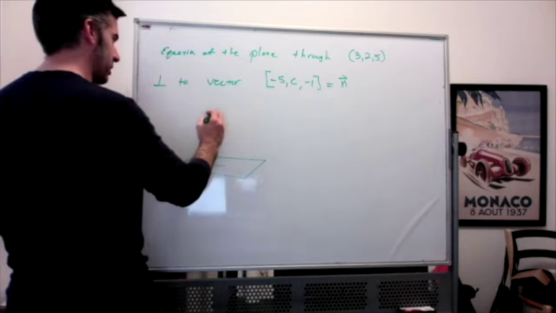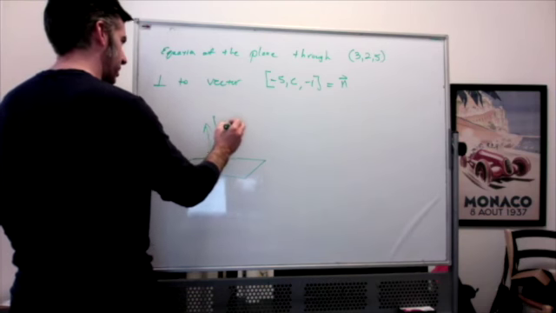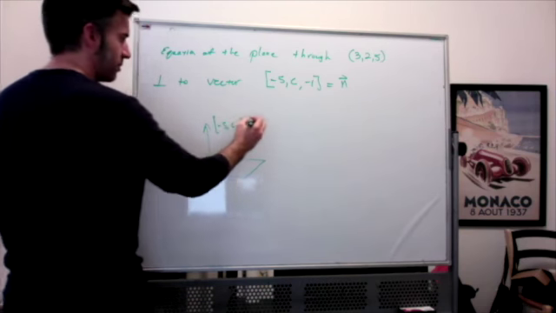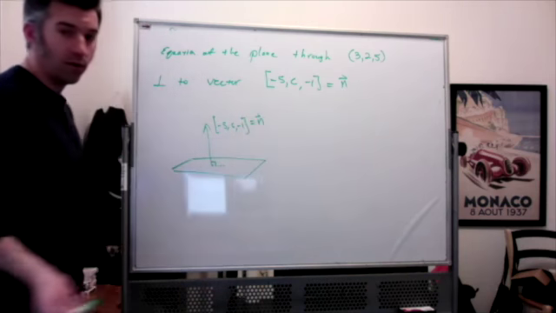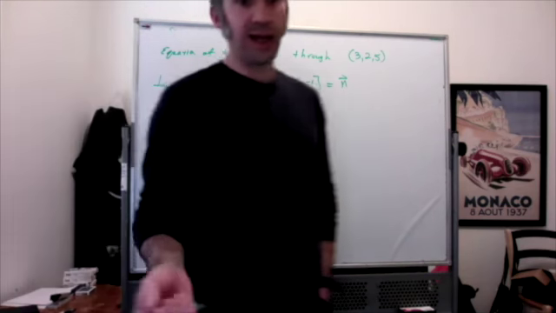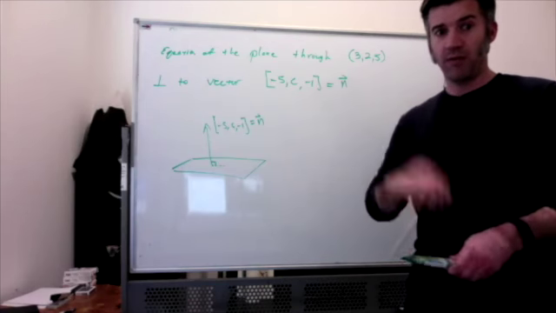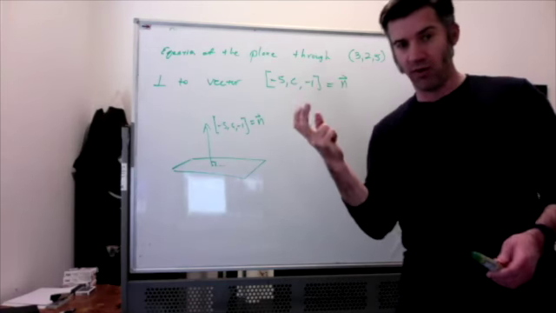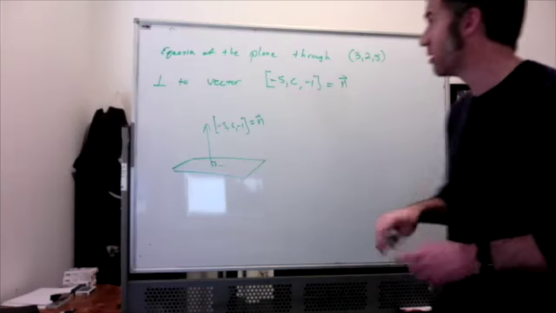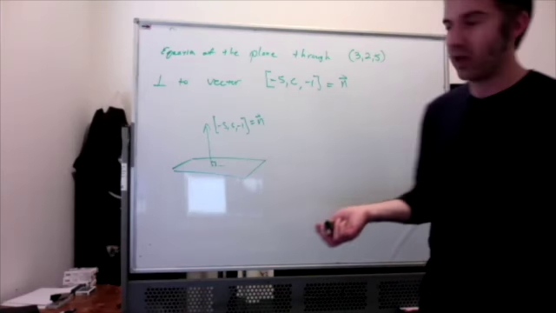This vector, -5, 6, -1, is the normal vector, n for normal. Just in case I haven't said it enough times, perpendicular, normal, orthogonal all mean the same thing.